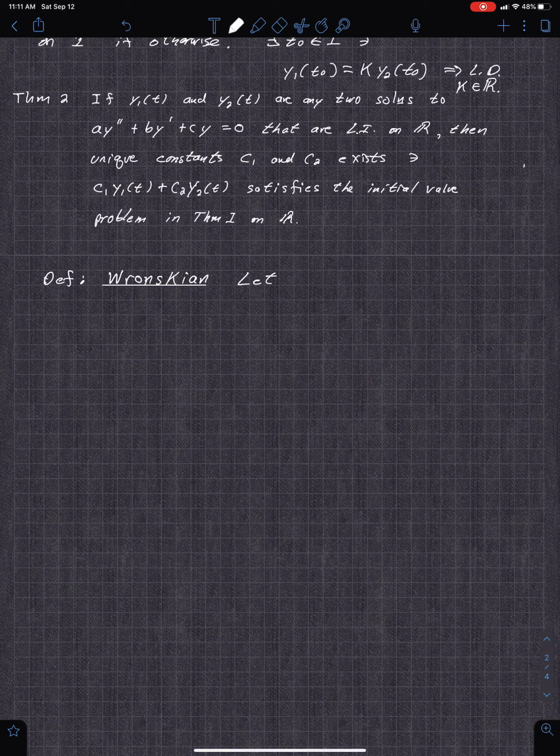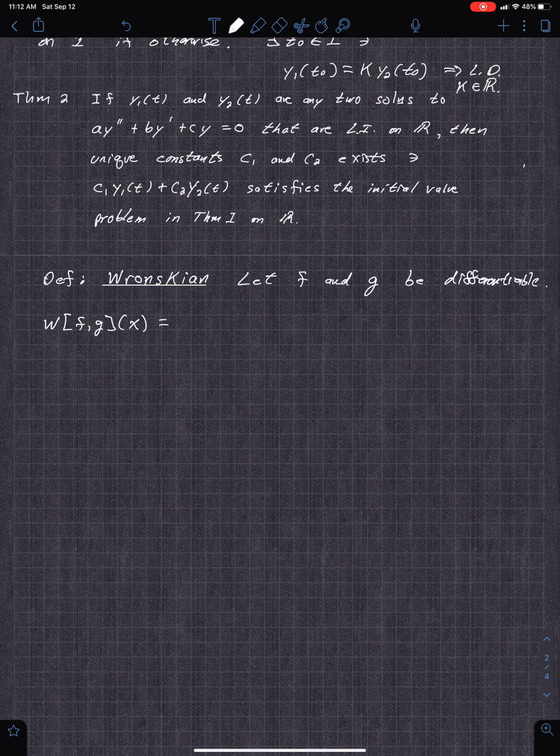I'm just going to define it, and then that's what we'll use. So let F and G be differentiable functions. Then the Wronskian, you say W, and then you usually use a bracket, of F, G, and let's just say of x in our case, to make it look familiar.